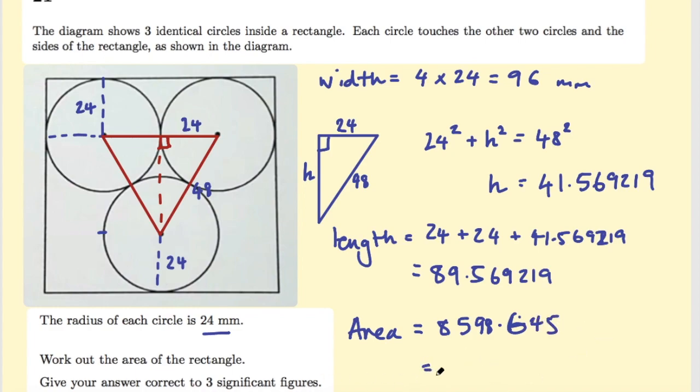And it says round to 3 significant figures, so this 9 here will actually round up to 10. So to 3 significant figures, this is going to be 8,600 millimeters squared.